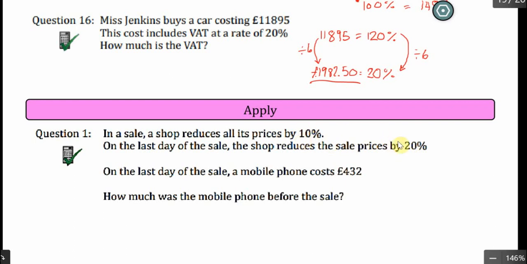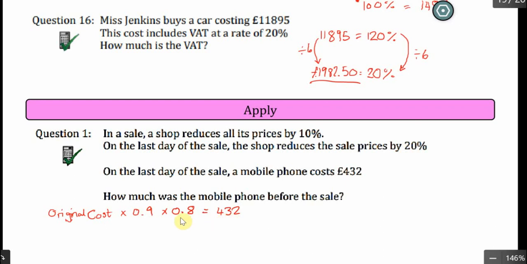Okay, so some original cost. Let's do that. Original cost got times by, what would you multiply by to reduce something by 10%? You times by 0.9. And then that got times by, what would you times something by to reduce it by 20%? 0.8. And that gave us a price of 432. So we need to undo this.